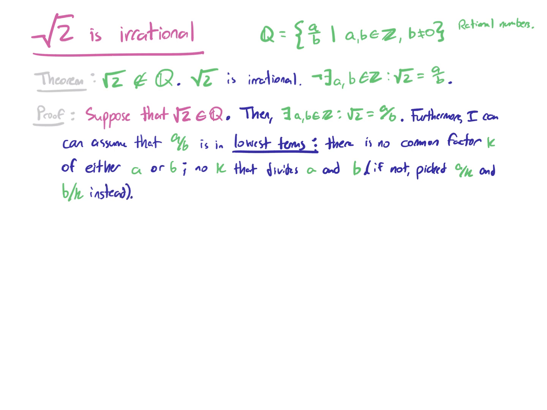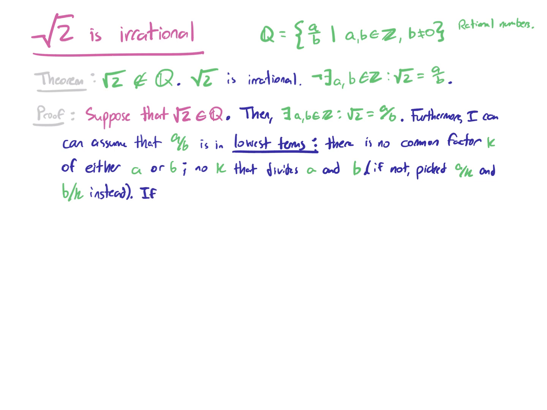I could have just divided both my a and my b by that common factor. That wouldn't change the fraction, and then I would be in lowest terms. So this is a free assumption. Sometimes we call this an assumption without loss of generality. I can assume that we're in lowest terms because if we're not, I can make an easy modification to make sure that we are. Okay, so now it's time for some algebra.